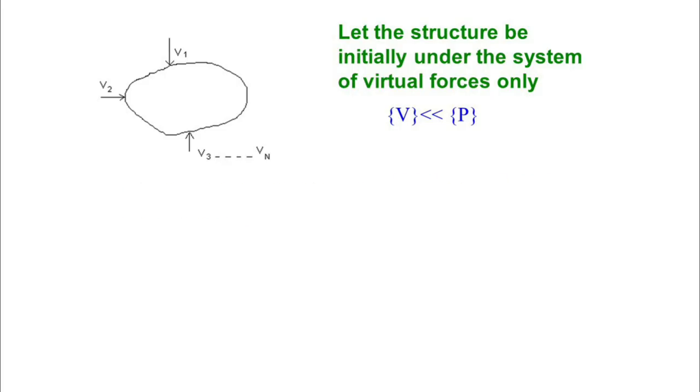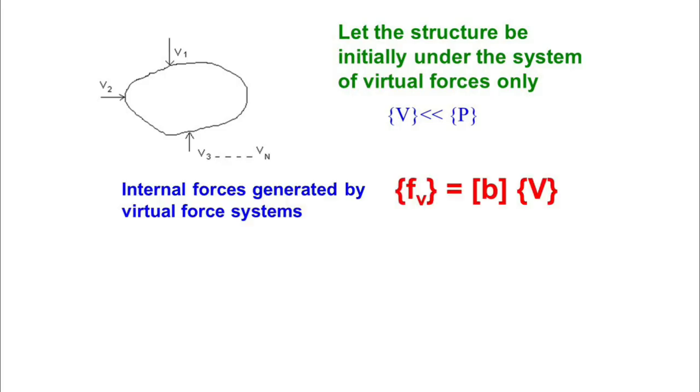Now, based on what we have already derived, the internal forces resulting from the virtual external forces will be given by this relationship, that is the virtual internal forces equal to B times the V vector. Here for the internal forces we are using a subscript V to signify that they are from the virtual forces.